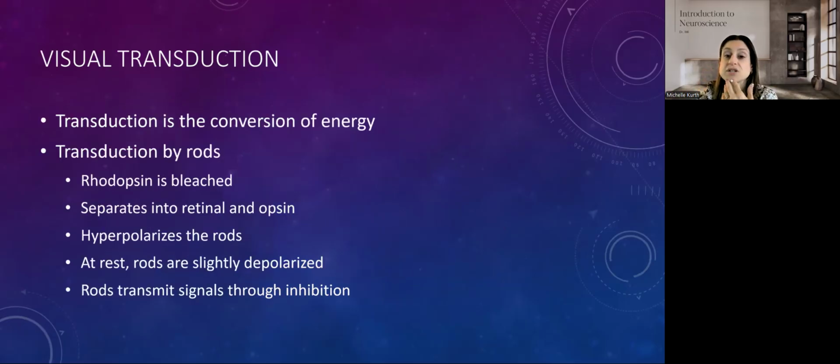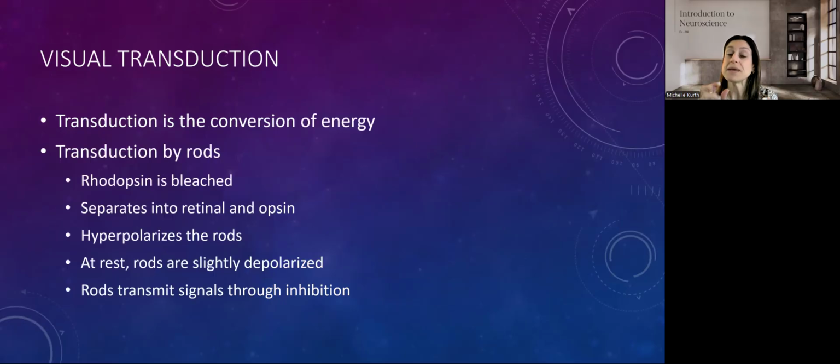So transduction is really just the conversion of one form of energy to another. The first step in visual transduction is conversion of light to neural signals by those rods and cones that I talked about. Transduction by rods is very well understood.